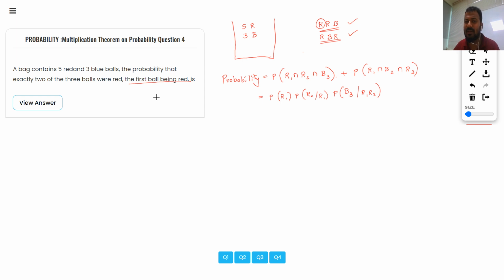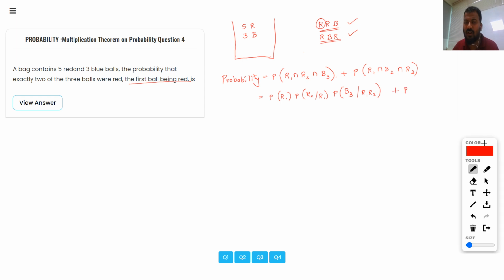This is the first case, plus probability of R1 times probability of B2 provided R1 is already taken times probability of R3 given that R1 and B2 are already taken.